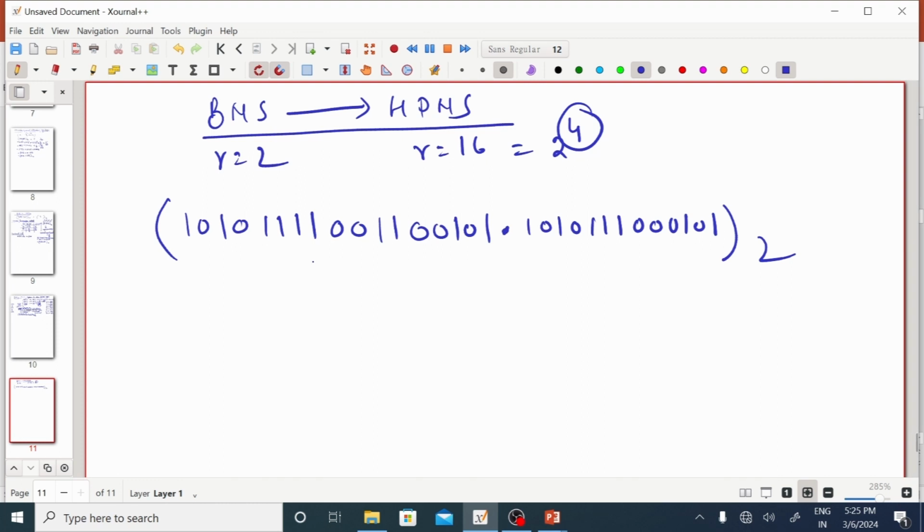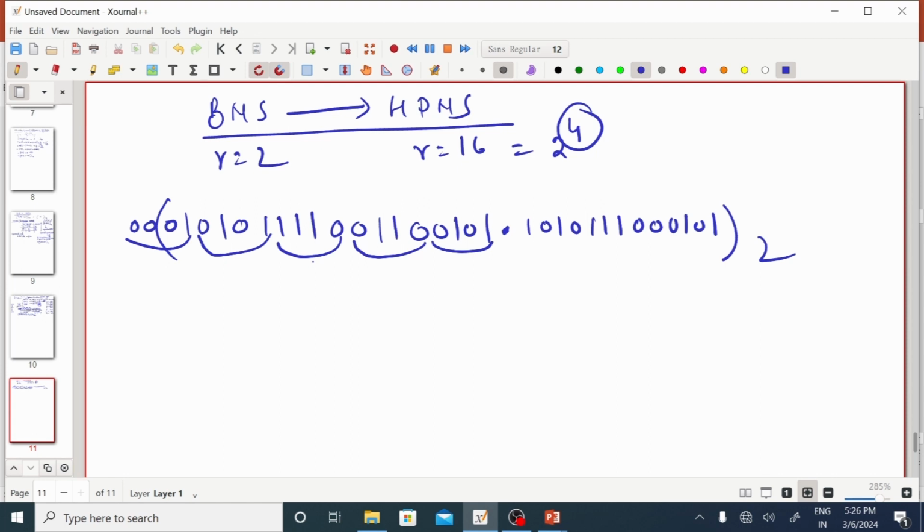So simply this is a decimal point. Before that there is the integer portion, so grouping starts from right to left. In case of the integer, this is the first group of 4, this is another group of 4, this is another group of 4 binary bits, this is another group of 4 binary bits, and there is one bit left for making another group of 4 binary bits. Simply we add 3 zeros here, because after adding 3 zeros here there is no change to the integer portion of the number.